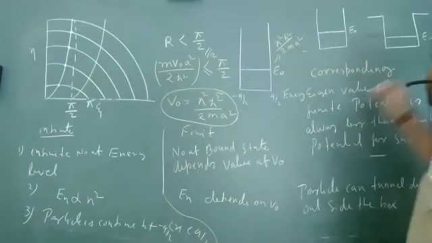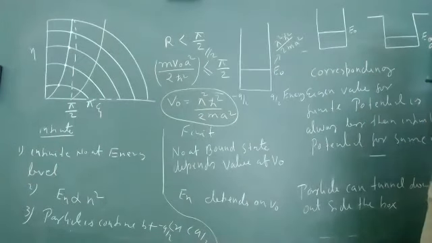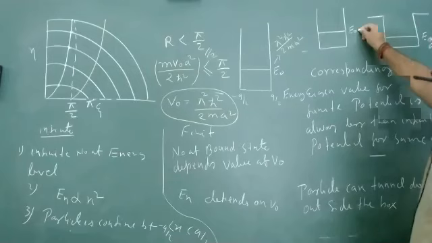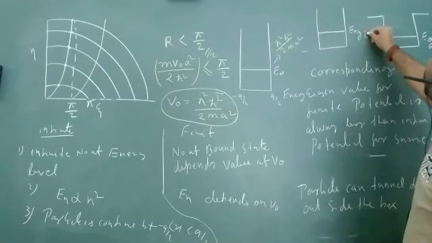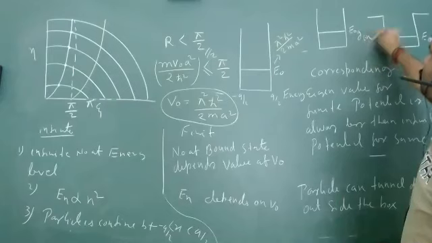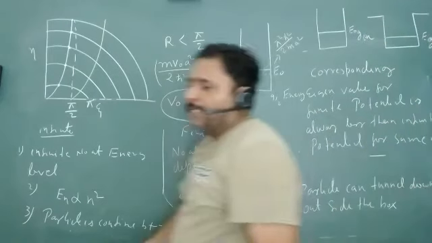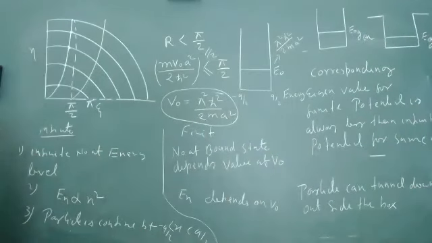So this is the ground state for the finite, and this is the ground state for the infinite. These are the differences between finite potential and infinite potential. If you have any doubt, you can just ask me.